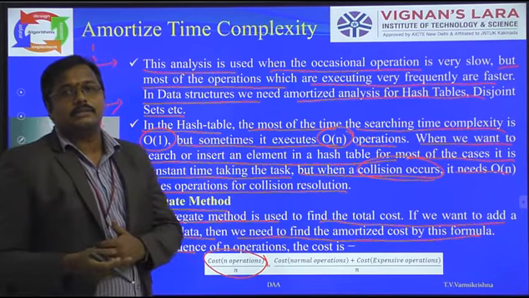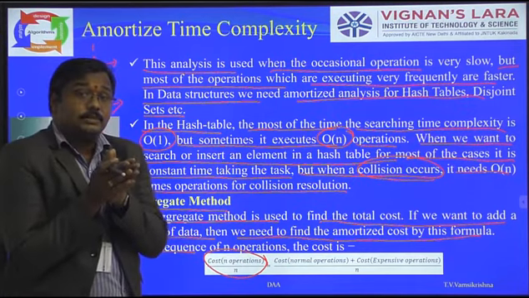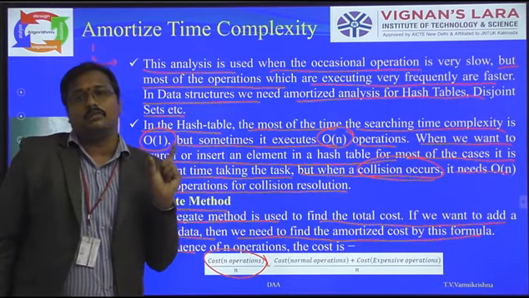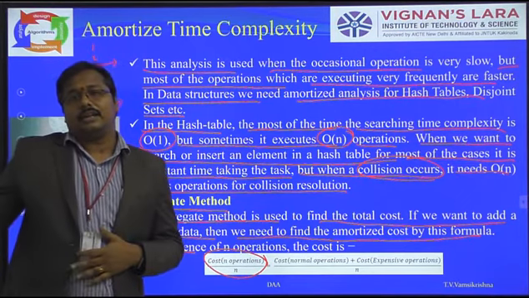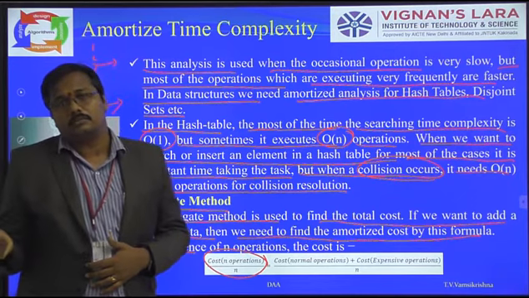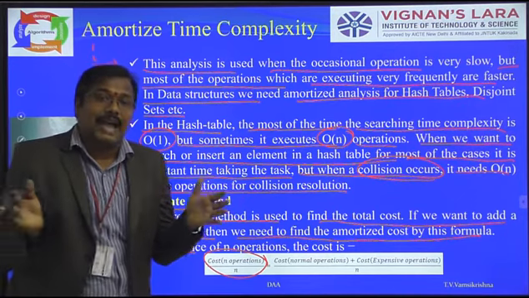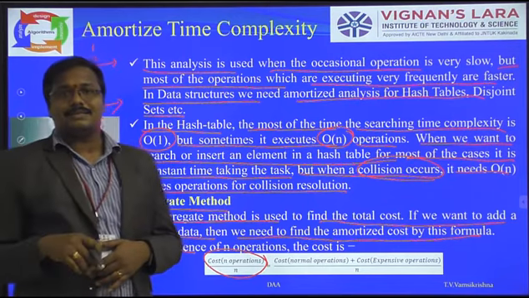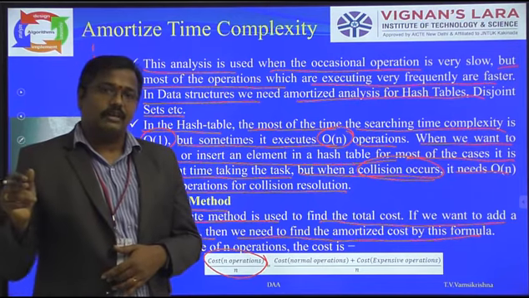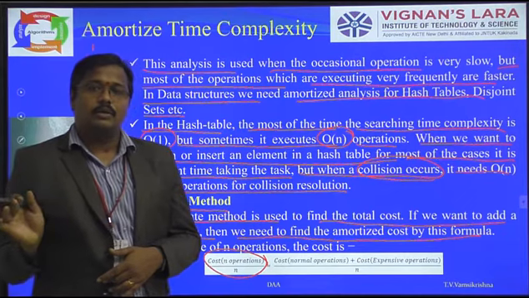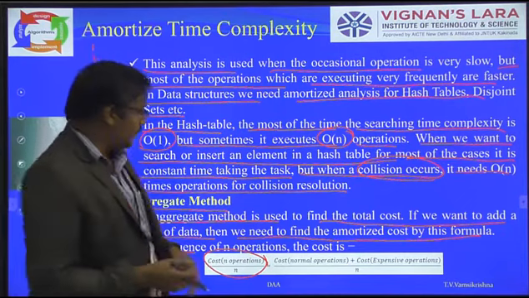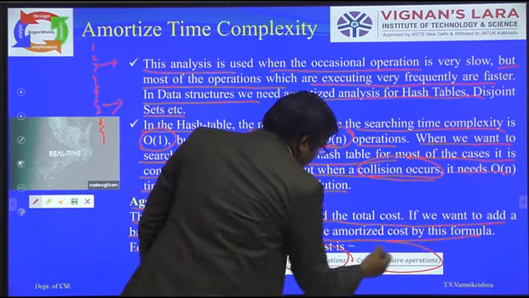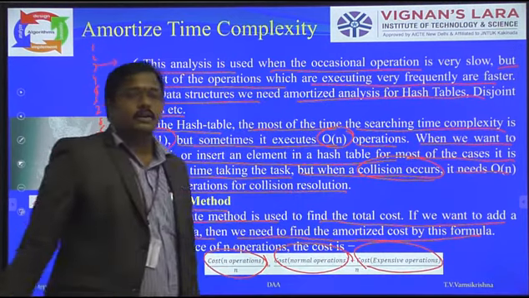Say we need to search 5 different elements. Of the 5, 2 elements have time complexity big O of 1, and the rest of the 3 elements have big O of n. At that time we need to calculate the aggregate of these: 2 into 1 plus 3 into n, divided by overall n. That is the formula you are applying: cost of normal operations plus cost of expensive operations, divided by n.